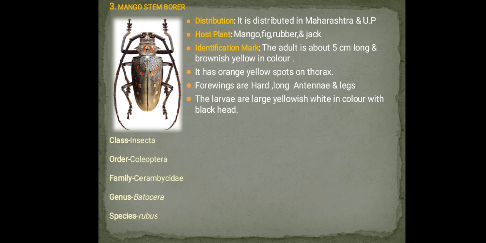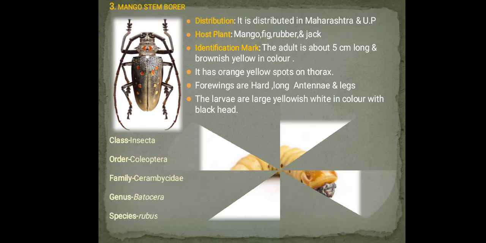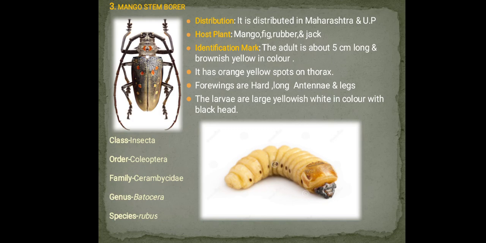The forewings are hard. That's why it is included in the order Coleoptera. It has long antennae and legs. The larvae are large, yellowish white in color with a black head. Here we will see the mango stem borer larva.